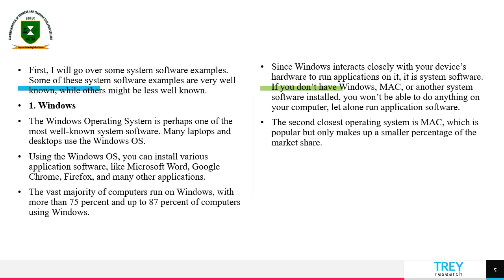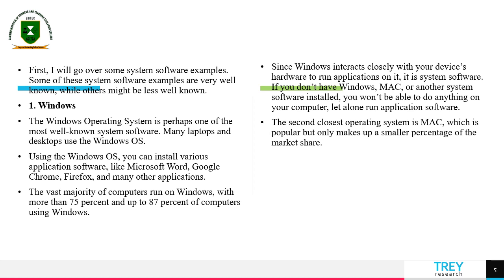Since Windows interacts closely with your device's hardware to run applications on it, it is the system software. If you don't have Windows, you can also use macOS or another system software installed. Without one, you won't be able to do anything on your computer, let alone learn application software. So you see now the importance of system software. It is responsible for the coordination of the software and also the hardware part.